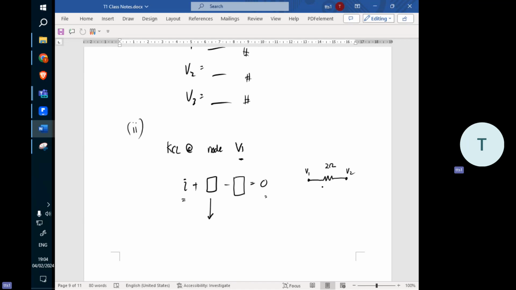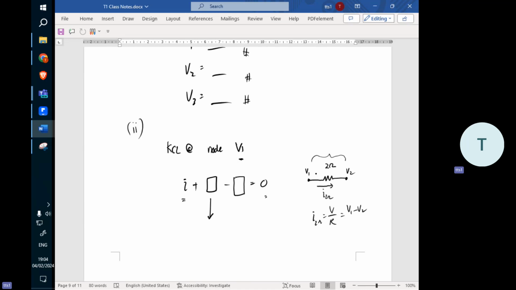In order to determine the current flowing through the 2 ohm, let's call this current I2 ohm, you can use Ohm's law, right? I2 ohm equals V over R. So the V is not this V, not this V. It's the total V, V1 minus V2. It's the voltage difference between these two nodes.